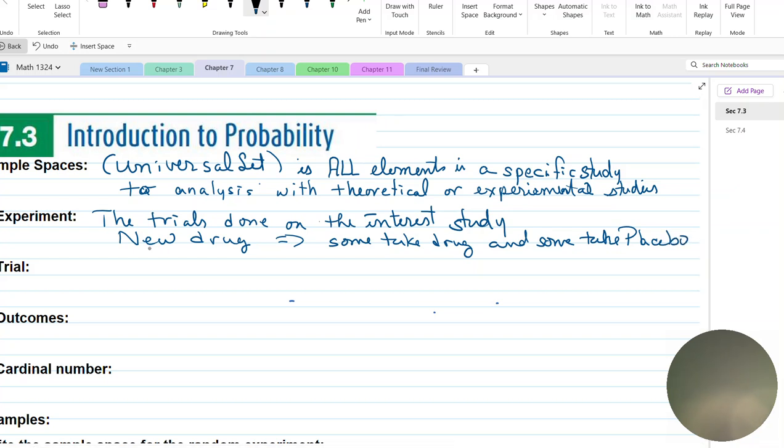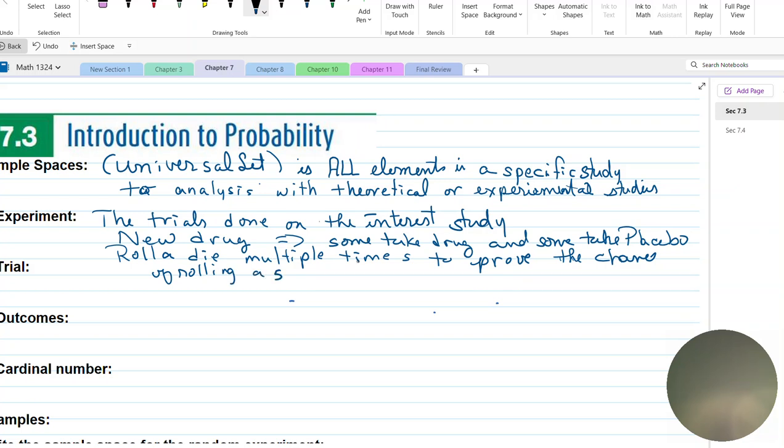Or we can roll a die multiple times to prove the chance of rolling a 5.